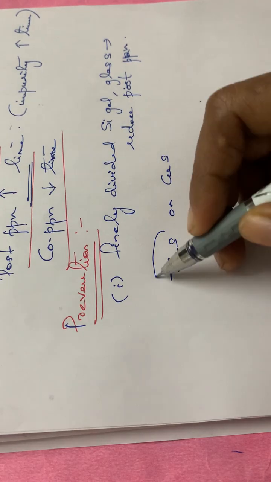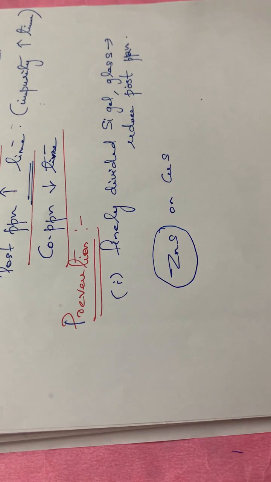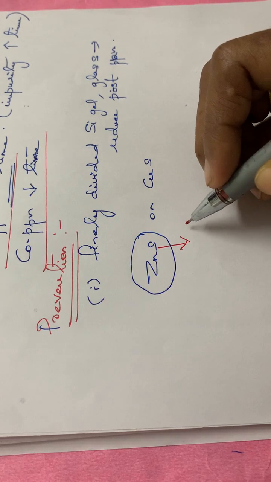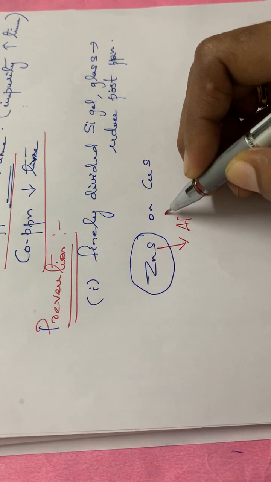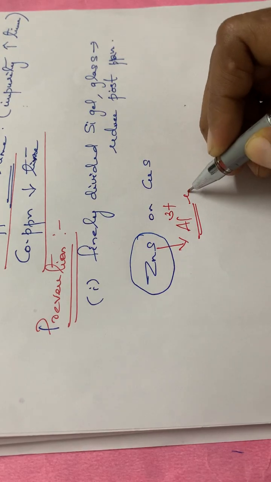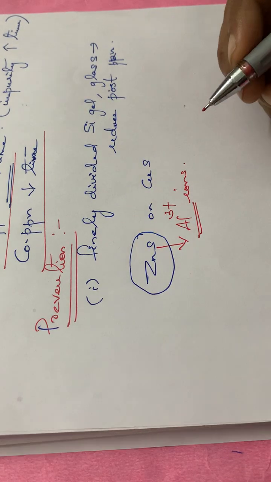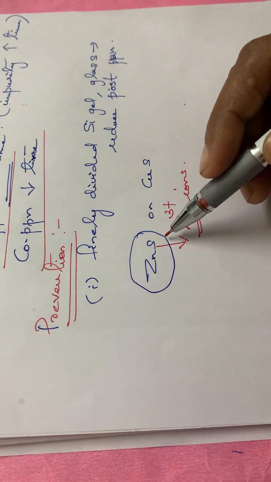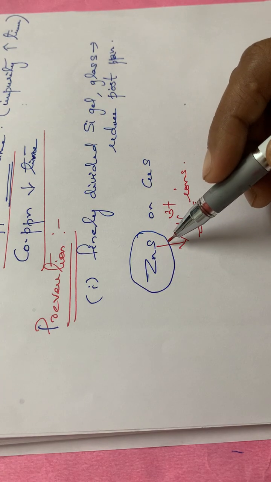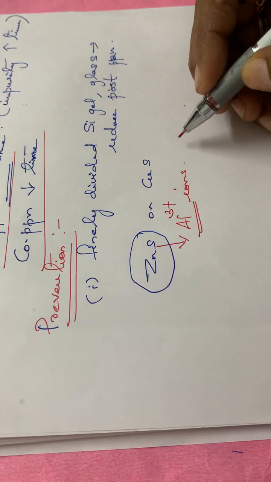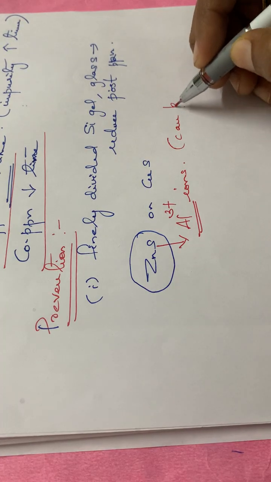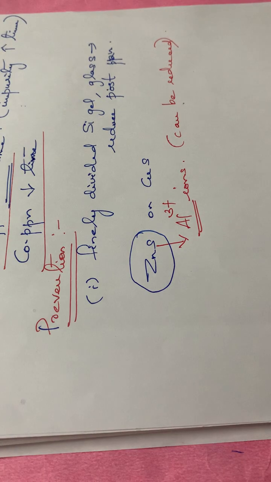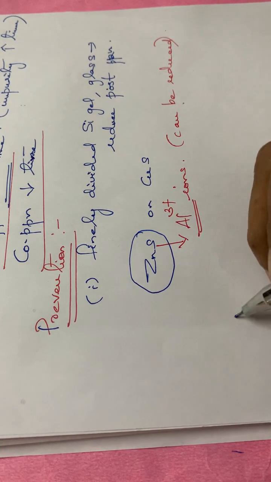This post precipitation of zinc sulfide can be reduced by adding aluminium 3+ ions. So this is one method.